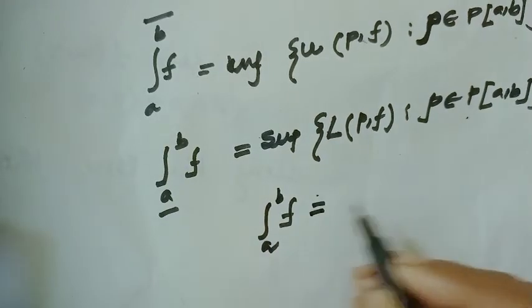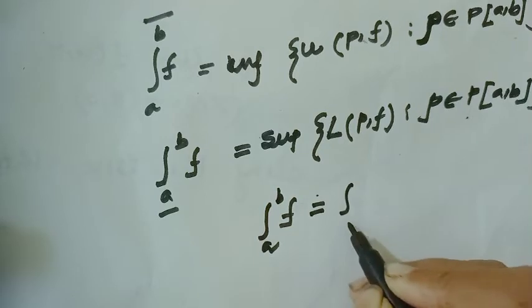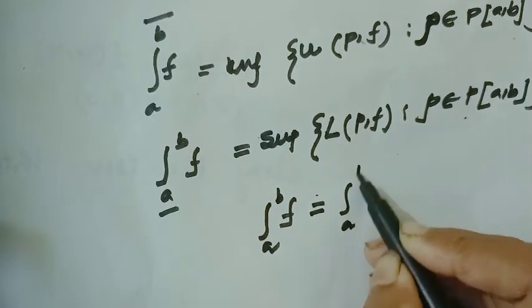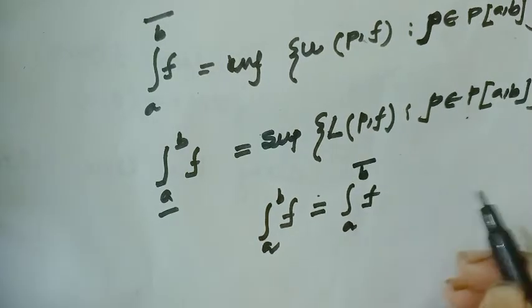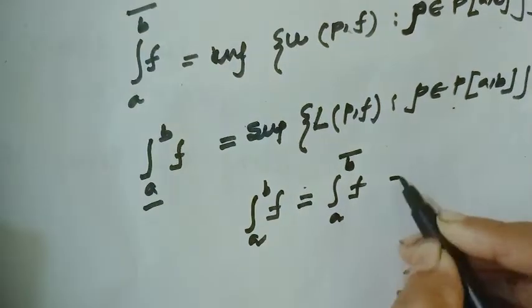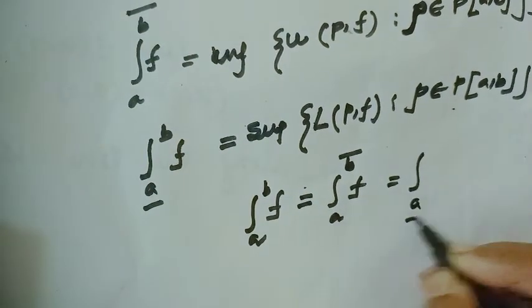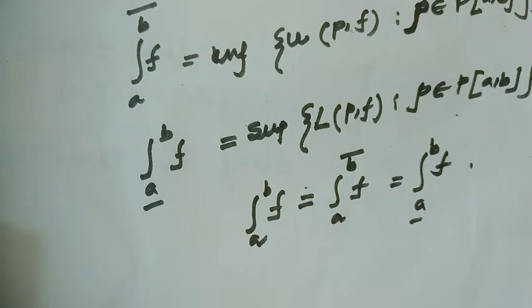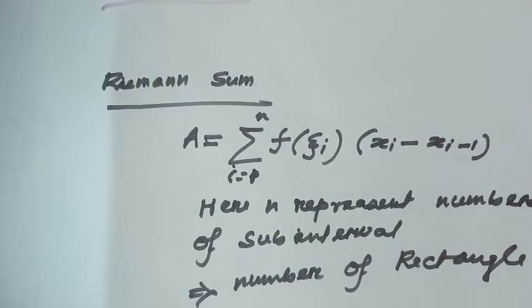That means the integral is defined at the point where the value of the upper integral and the value of the lower integral are the same. Are you getting it? Well, now I will see some geometrical meaning of a Riemann integrable function.